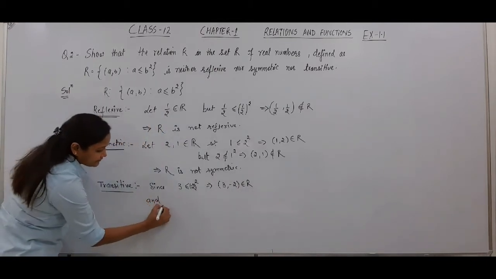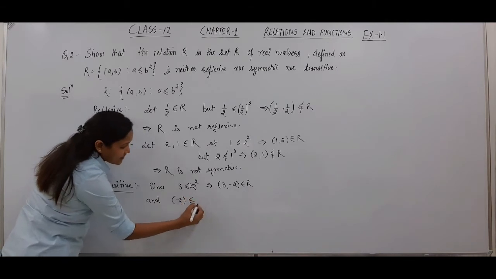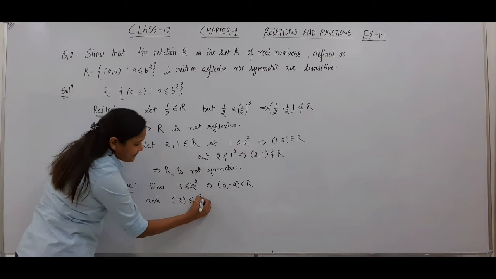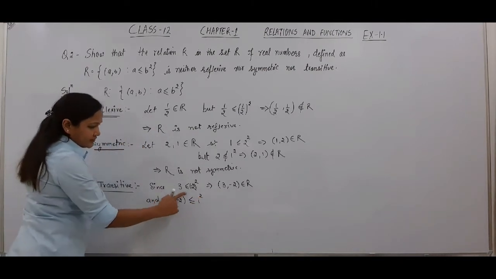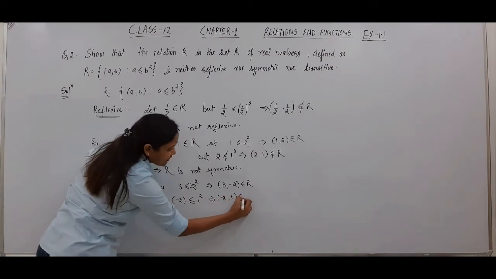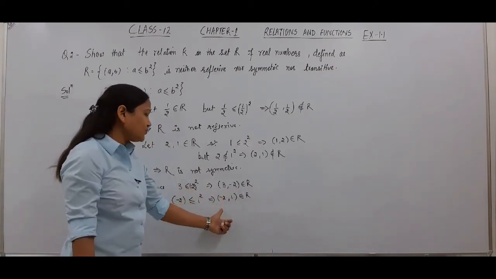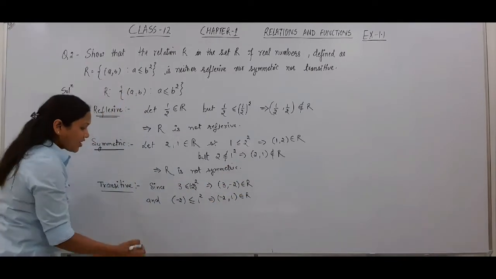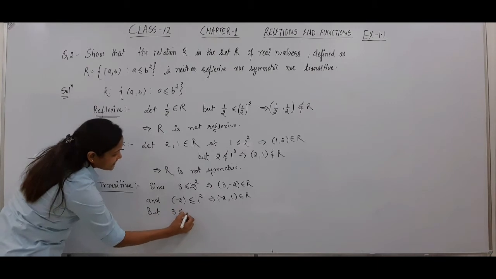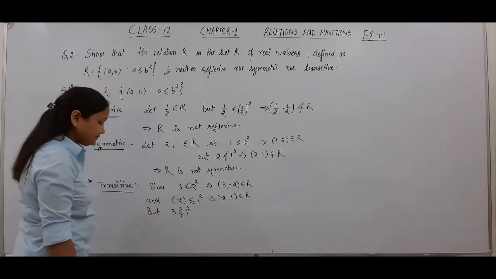And minus 2 is less than equals to 1 square. That implies minus 2 is related to 1. 3 is related to minus 2 and minus 2 in turn related to 1. But you can see that 3 is not less than equals to 1 square. 3 is greater than 1 square.